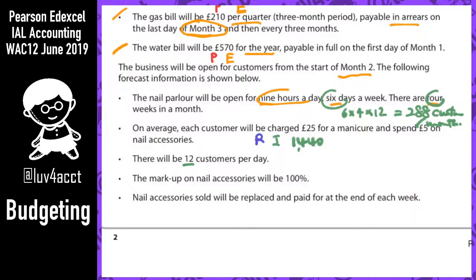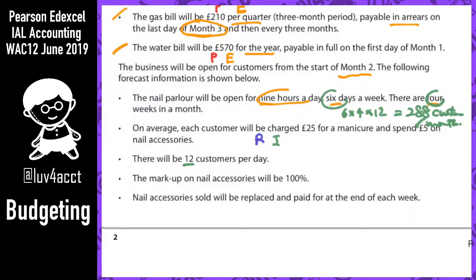Okay, and let me see, 288 for 25. Yes, no wonder I think why is the revenue so low.